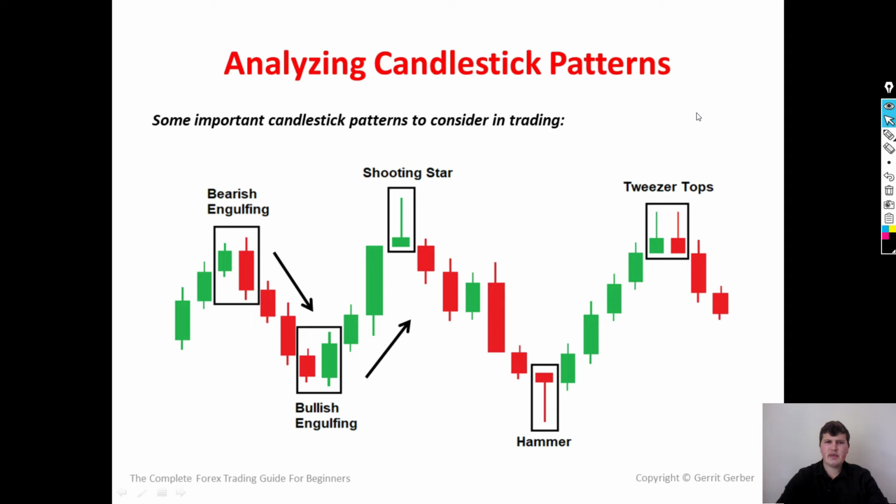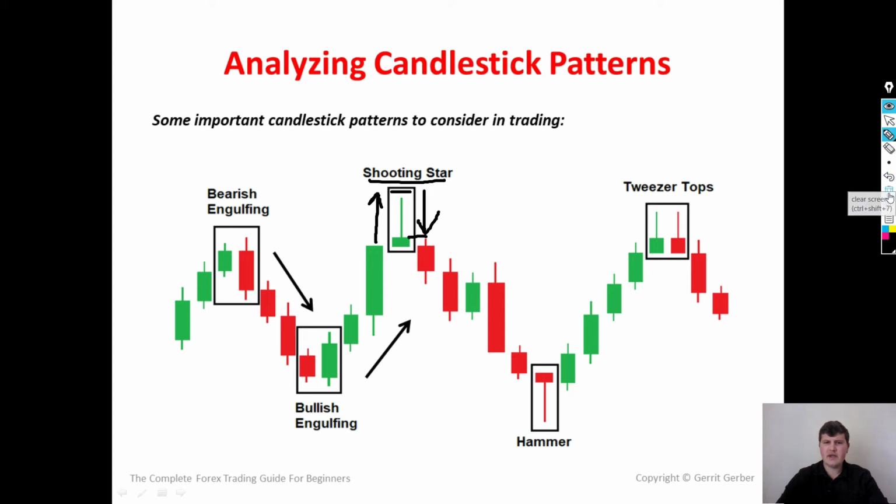Another good candlestick pattern to look out for is a shooting star candlestick over here. And this candlestick tells a story of how the bulls try to increase price higher, and when it reached a certain point, the bears just took complete control and pushed the price lower, and the price closed over here much lower.